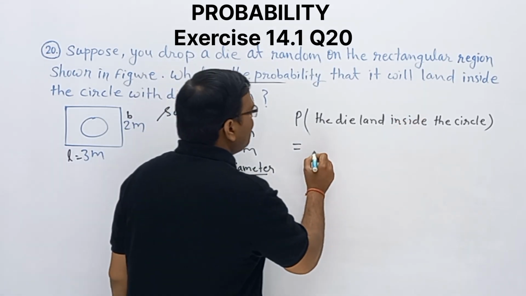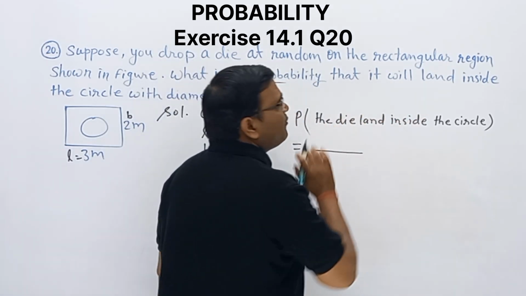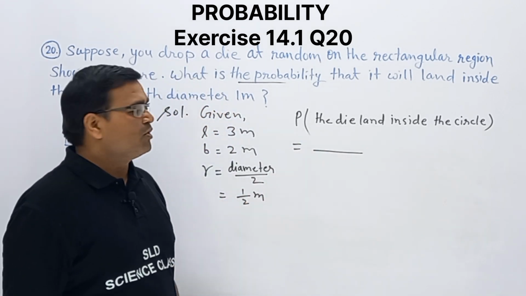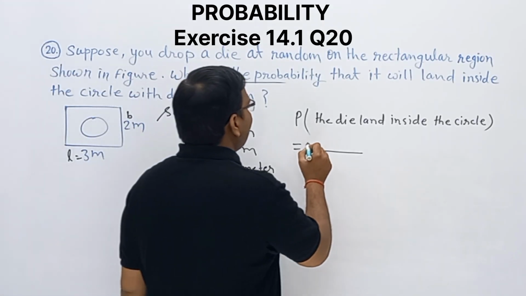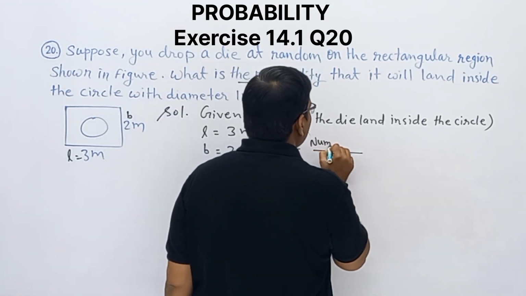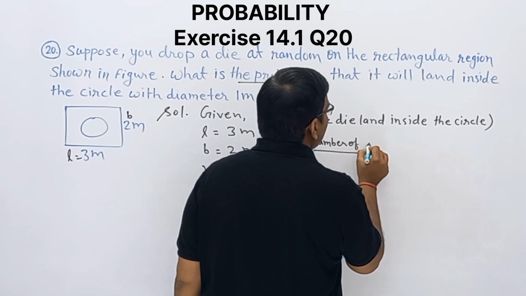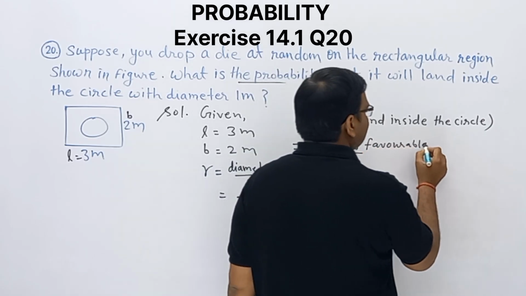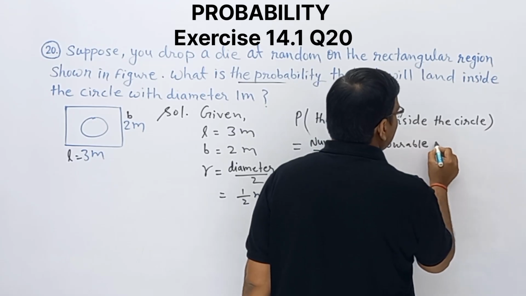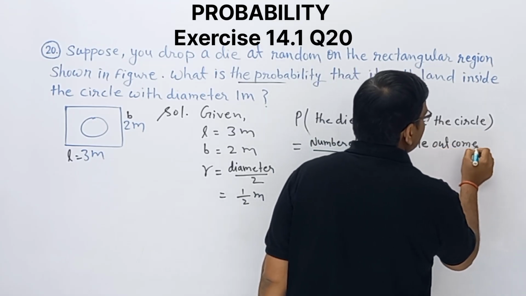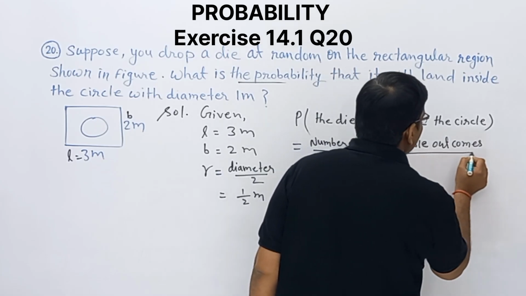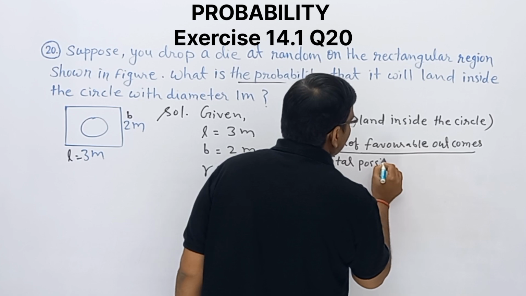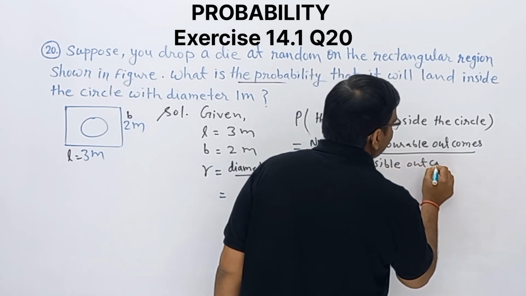We know well, probability of an event equals the number of favorable outcomes divided by total possible outcomes. So I am writing the formula: number of favorable outcomes divided by total possible outcomes.